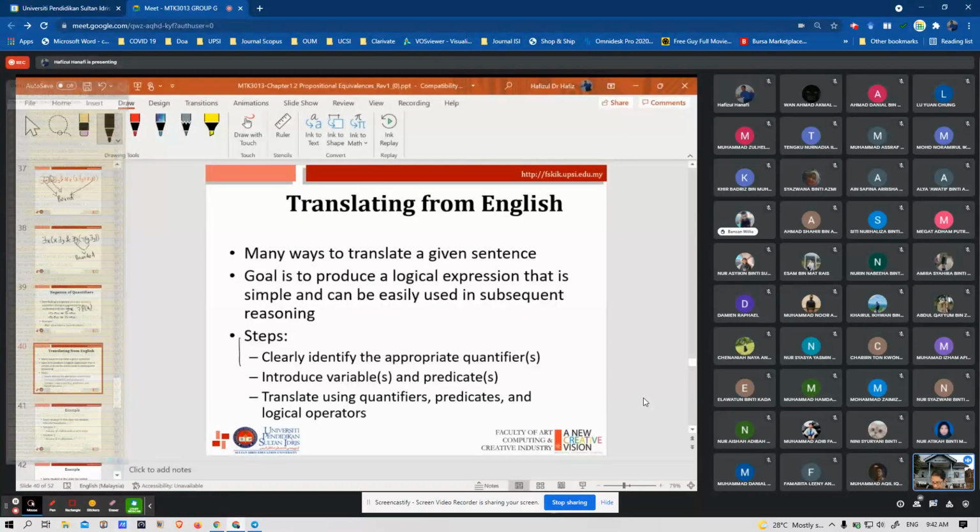First, clearly identify the appropriate quantifier, either existential or for all. Secondly, introduce the variable and predicates. And thirdly, translate using the quantifier, predicates, and logical operator.